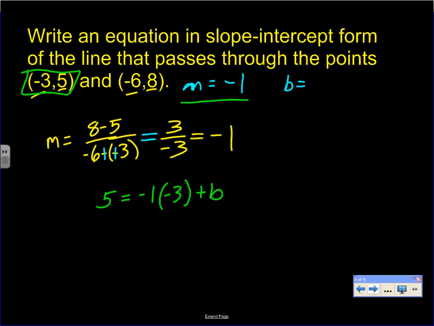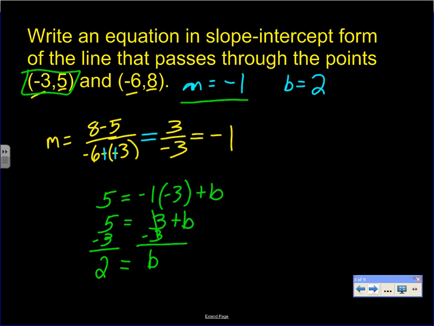And so from here, negative 1 times negative 3 is going to be a positive 3. And we're trying to get b by itself, so we subtract 3 from both sides. And we're left with b is equal to 5 minus 3 is 2. And we have 2 here for the y-intercept.